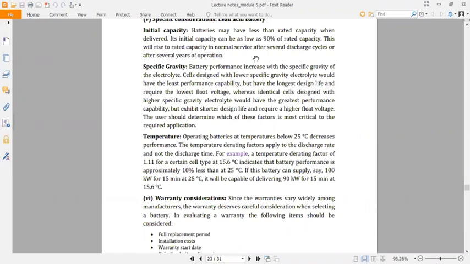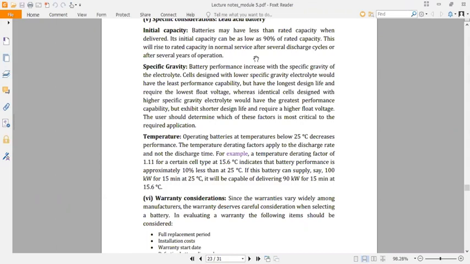If the specific gravity is low, then the performance is also low, but the battery is able to supply the power for a longer duration of time.